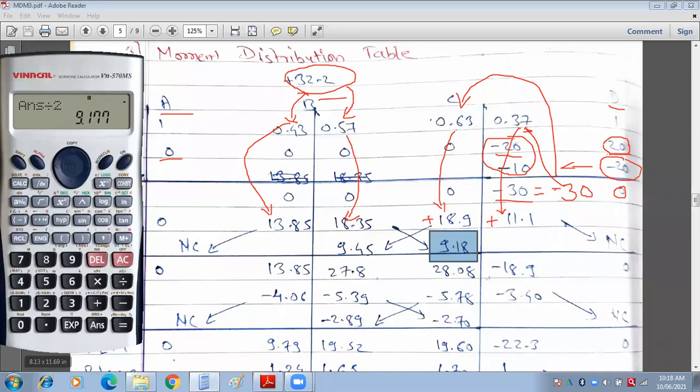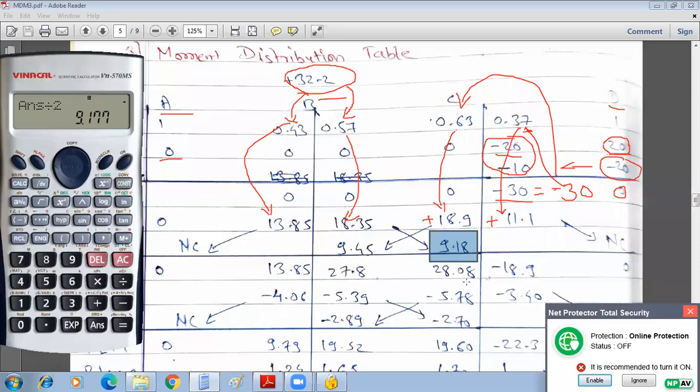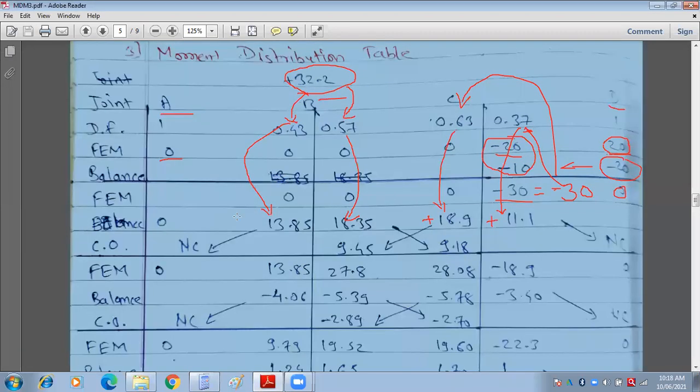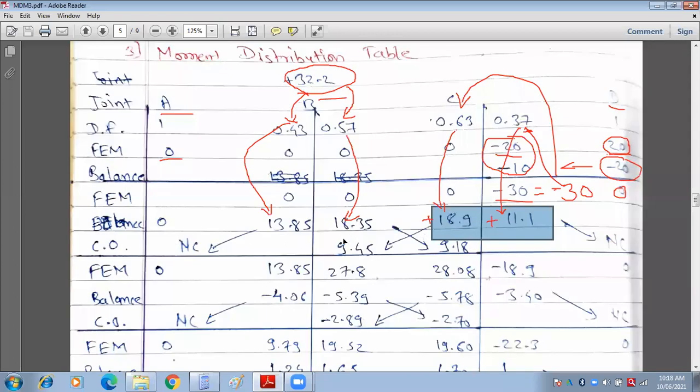Generally we round the values to two digits. Okay, now once you have made this balance step, we have transferred these carryovers. The next step is that again we have to add these two terms and write down over here.